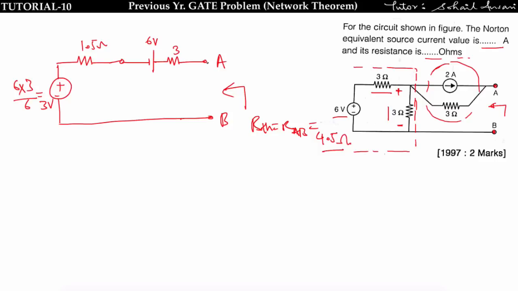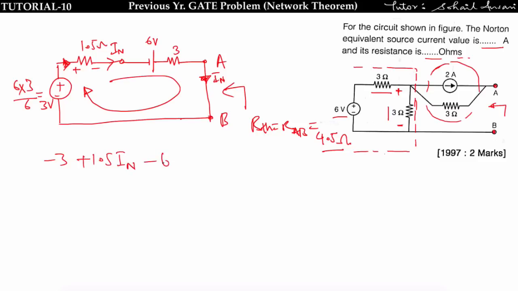Now find the Norton current. To find the Norton current, we have to short circuit this terminal and assume that some current IN is flowing. Now apply KVL here in the clockwise direction. Here IN current is flowing, so I will move from here. I will get minus 3 first, then the voltage drop across the resistance, plus 1.5 IN, minus 6, plus 3 IN is equal to 0.